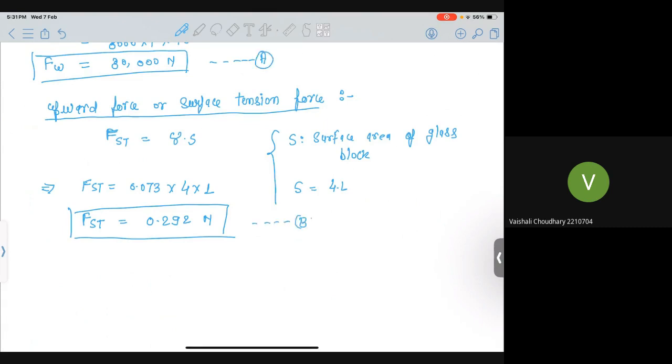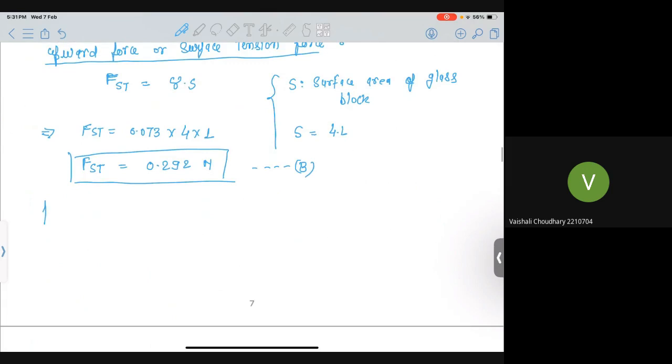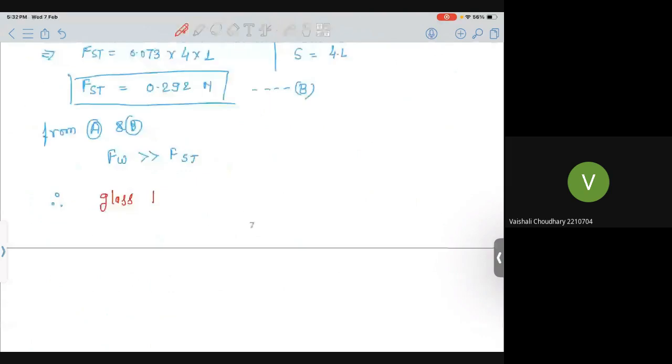Now if you compare these two forces in equations A and B, you can conclude that the downward force is much greater than the surface tension force.